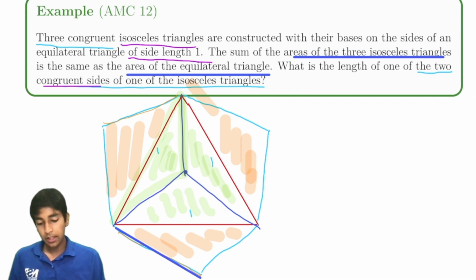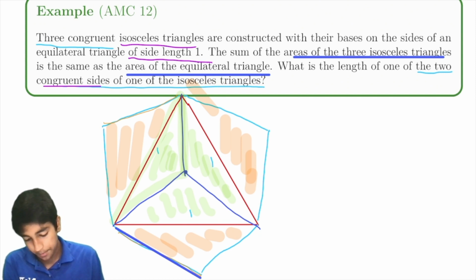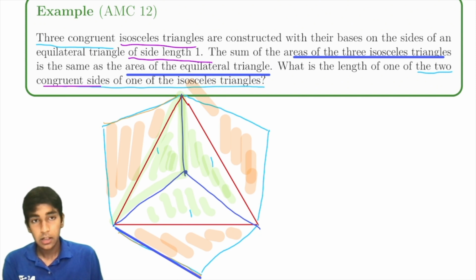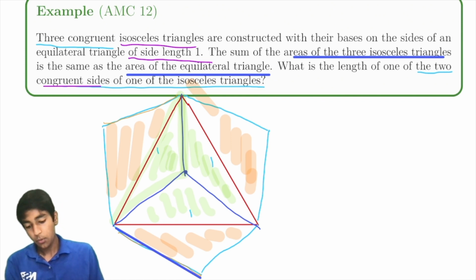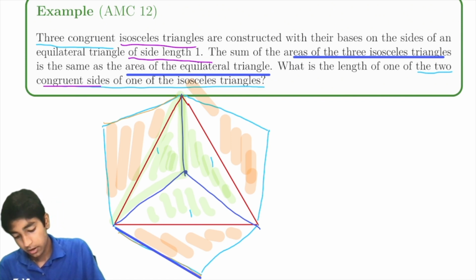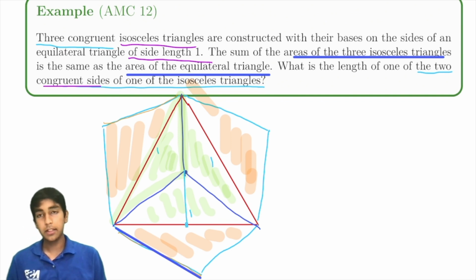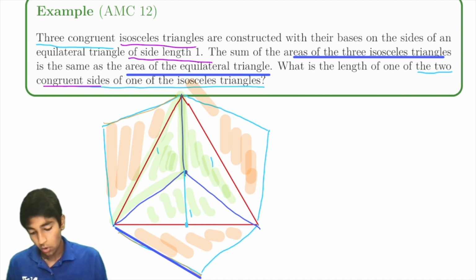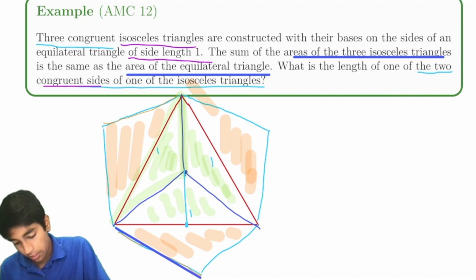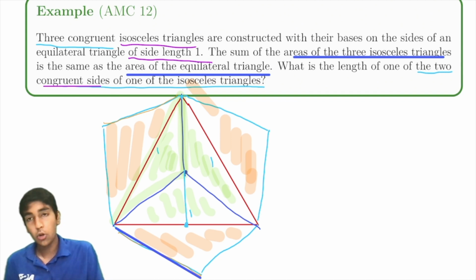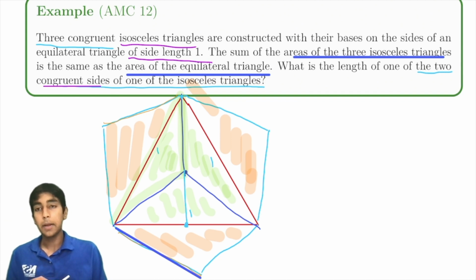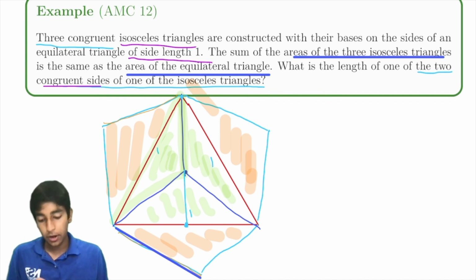Well, the key thing that we can use here is that we can actually extend this out to form the median. And then we could see that this median would be the total length from the point to the midpoint. So median is the segment connecting the point to the midpoint of the other side.